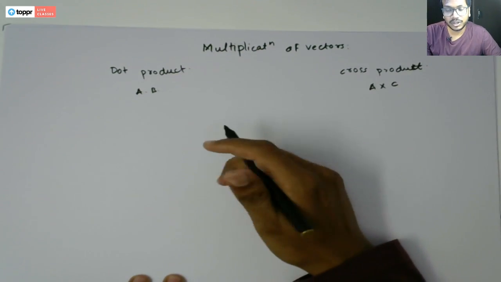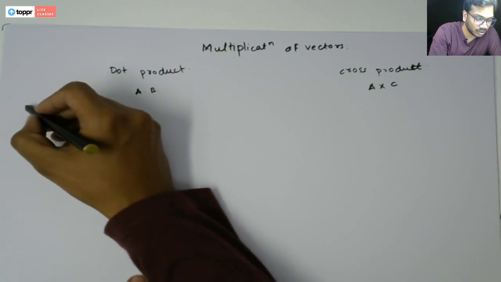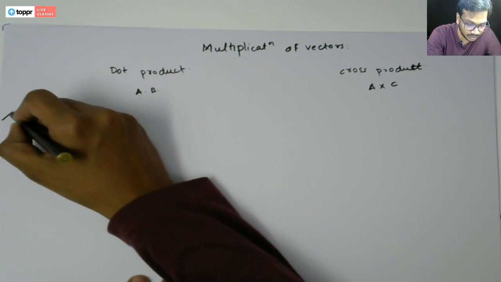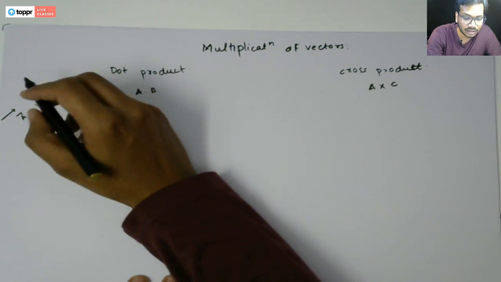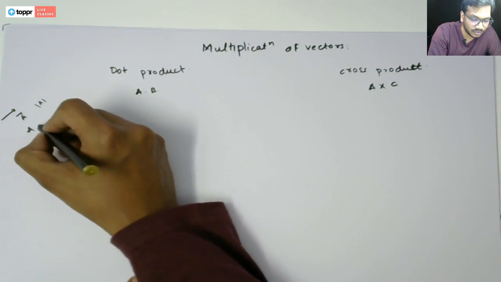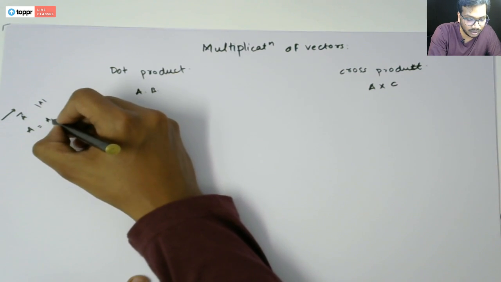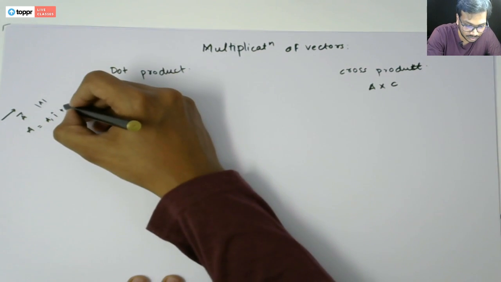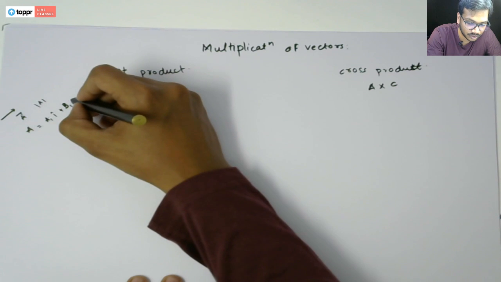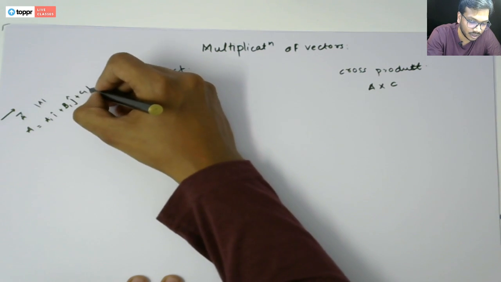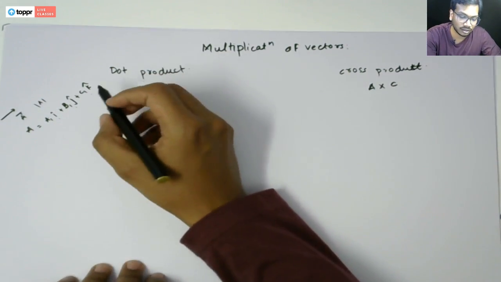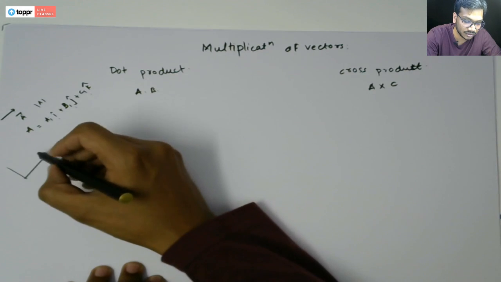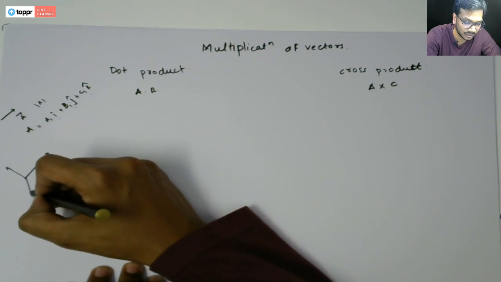There's one more way to represent vectors. First we saw the graphical way, then we saw that a vector is this and the magnitude of a vector is this. There's another way. A vector can be written as a1 i cap plus b1 j cap plus c1 k cap. Now i cap, j cap and k cap are unit vectors in the respective directions of x axis, y axis and z axis.